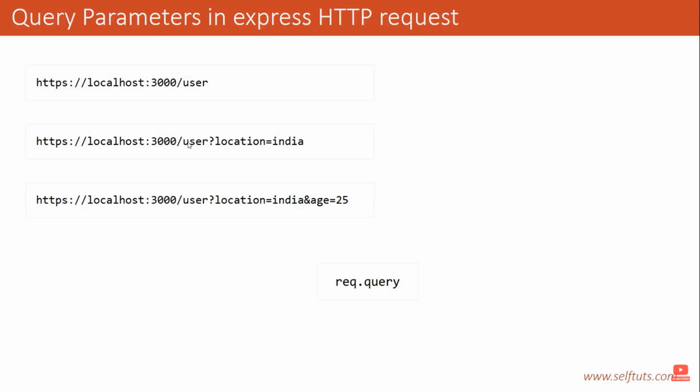You need to provide a question mark, and after the question mark you need to write your query parameter. The first word is the key and the second one is the value. So here we are sending the query parameter with key as location and the value as India.